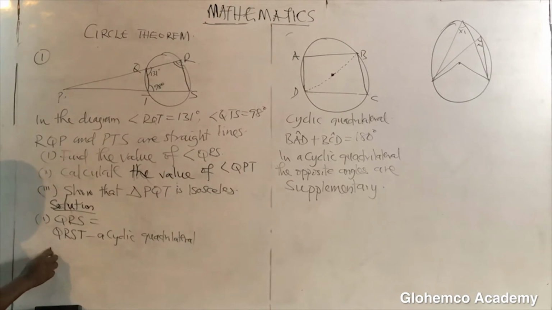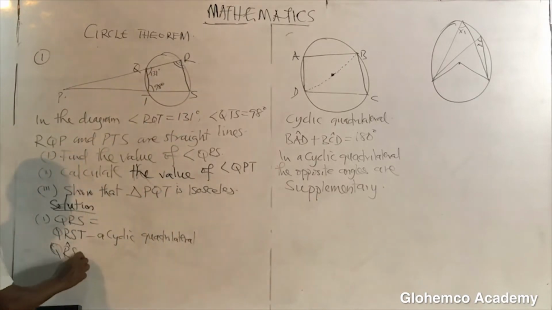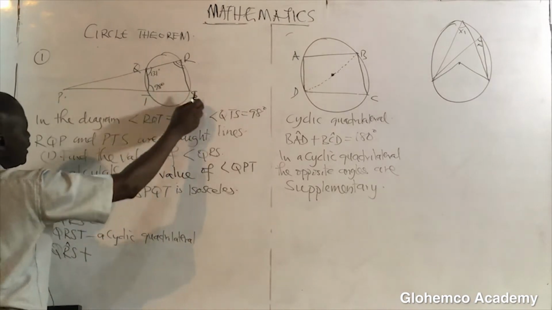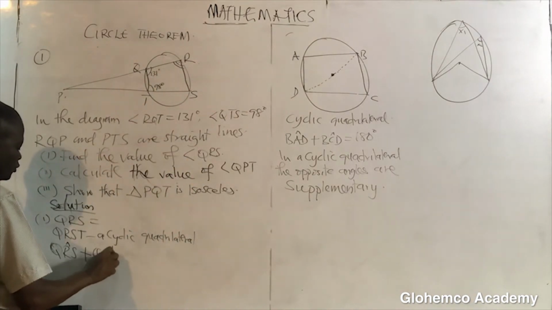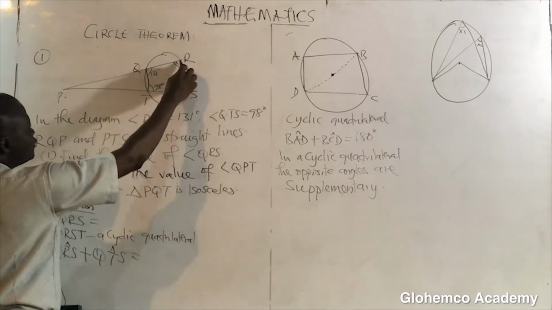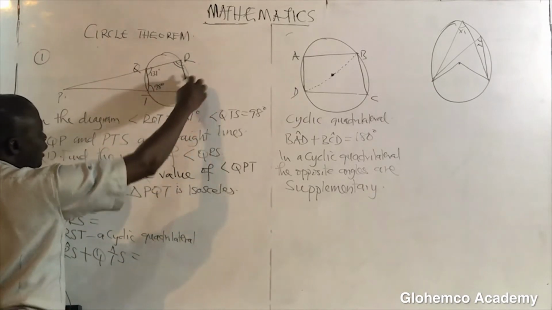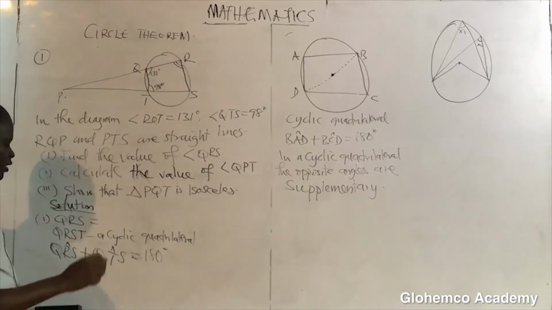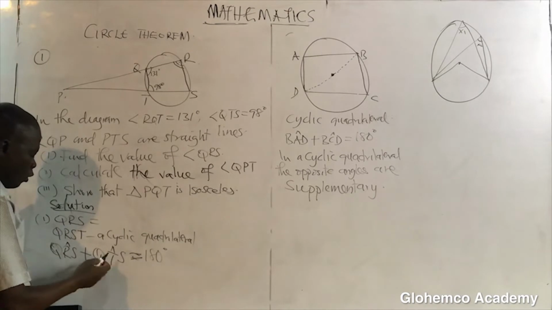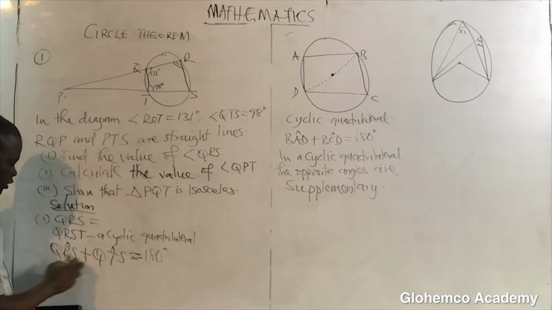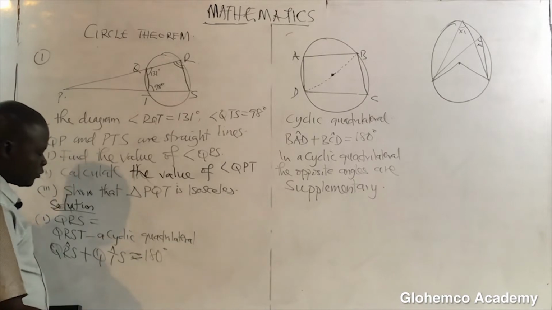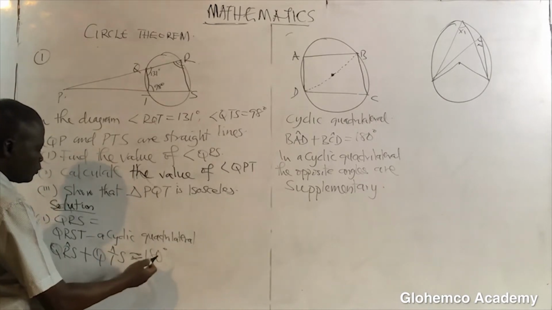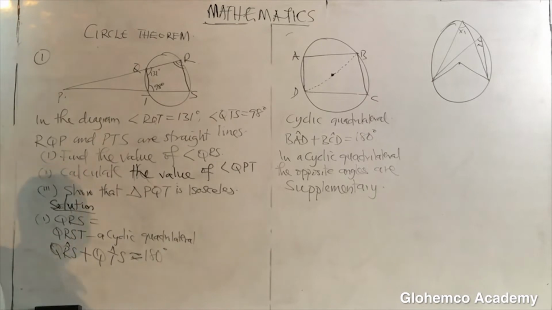So we say QRS plus QTS must be equal to 180, because the sum of opposite angles must be supplementary. Supplementary means they must be equal to 180.